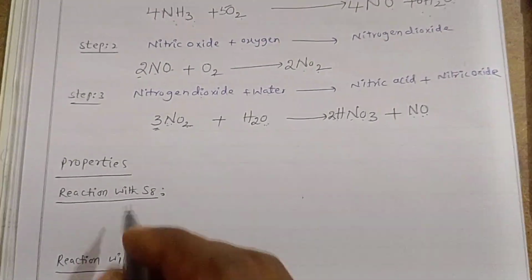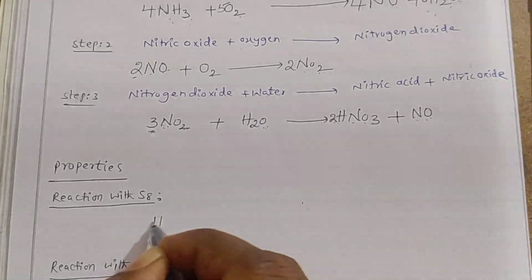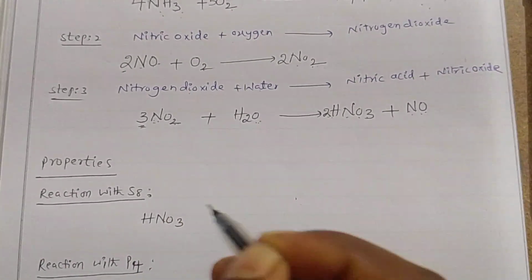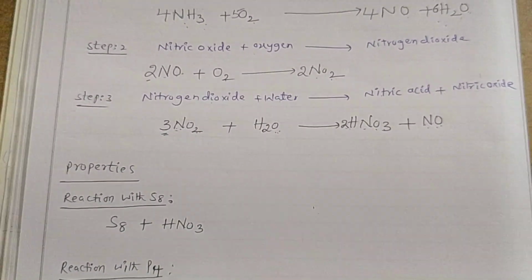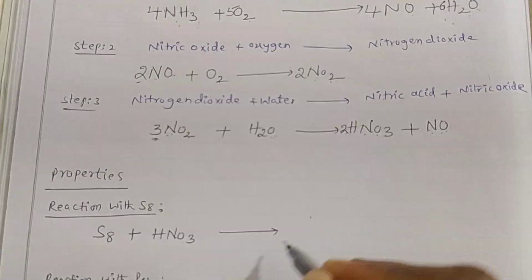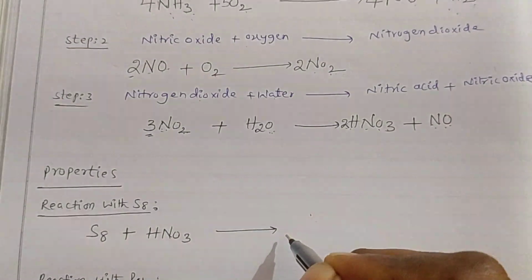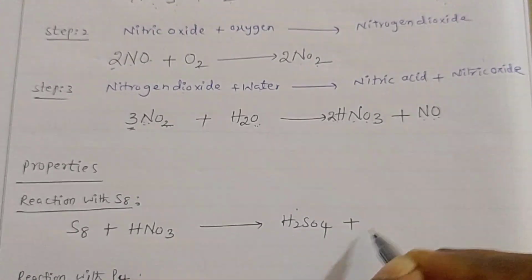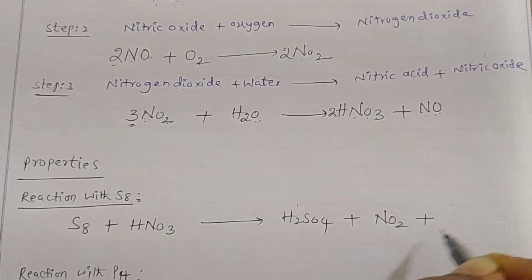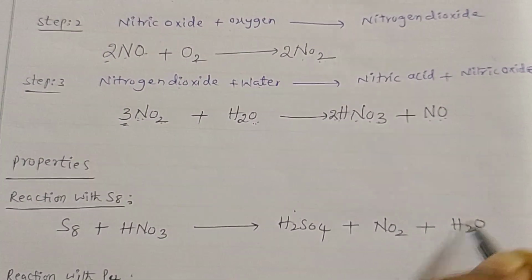So going to the properties, nitric acid reacts with sulfur, HNO3 reacts with sulfur. Sulfur exists in the form of S8 molecule, so gives rise to, what is the product? You need to remember the products: sulfuric acid plus nitrogen dioxide plus water.